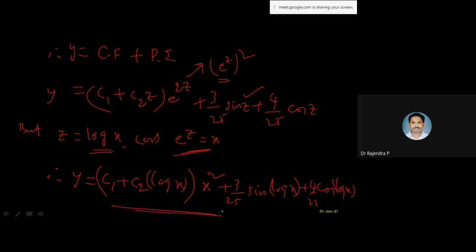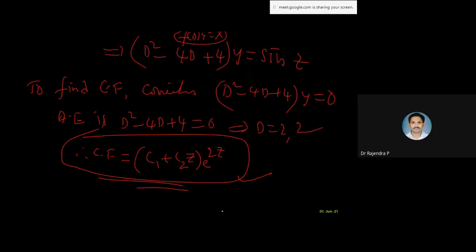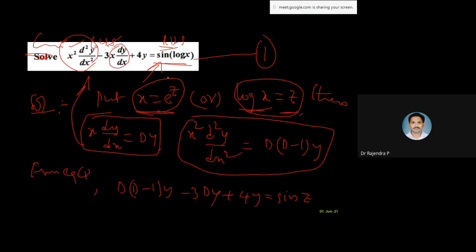Understood? Simple compared to Legendre's polynomial, whose terms are difficult, which are of the form ax plus b. Here, because a is equal to 1 and b is equal to 0, we have only x terms. So when we have only x terms, you assume x is equal to e power z directly.